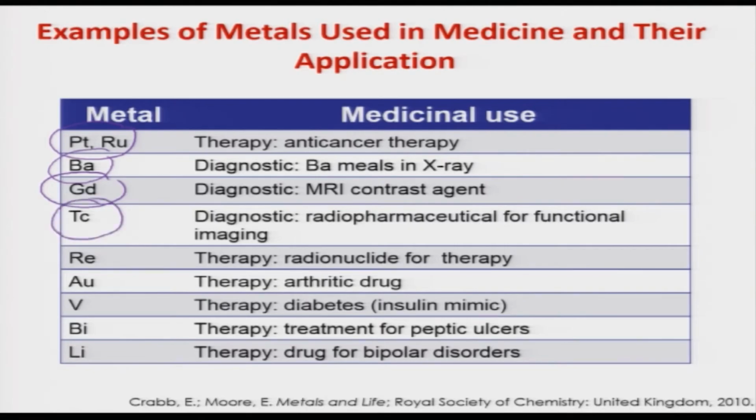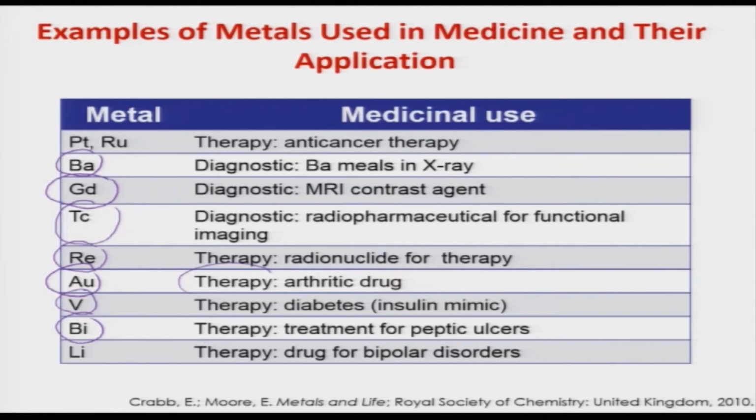Technetium is used as a radiopharmaceutical for functional imaging. Rhenium is a radionuclide for therapy. Gold is also used in therapy, as arthritic drugs. Vanadium is used in therapy for diabetes. Bismuth is used for treatment of peptic ulcers. Lithium is used in drugs for bipolar disorder.